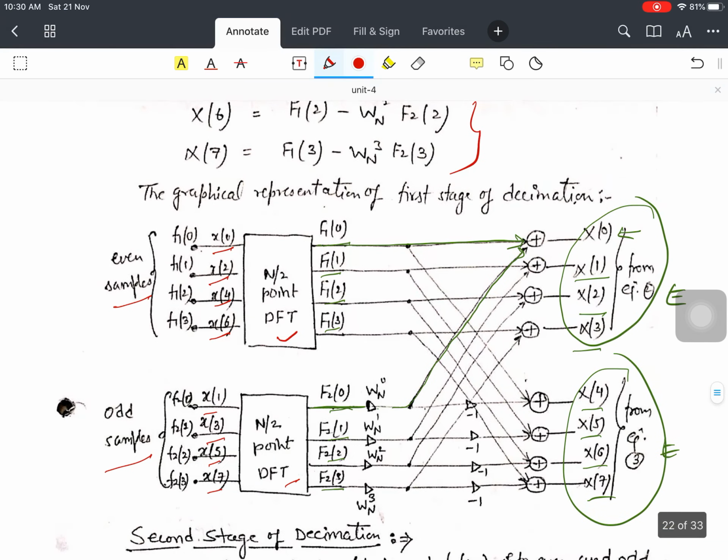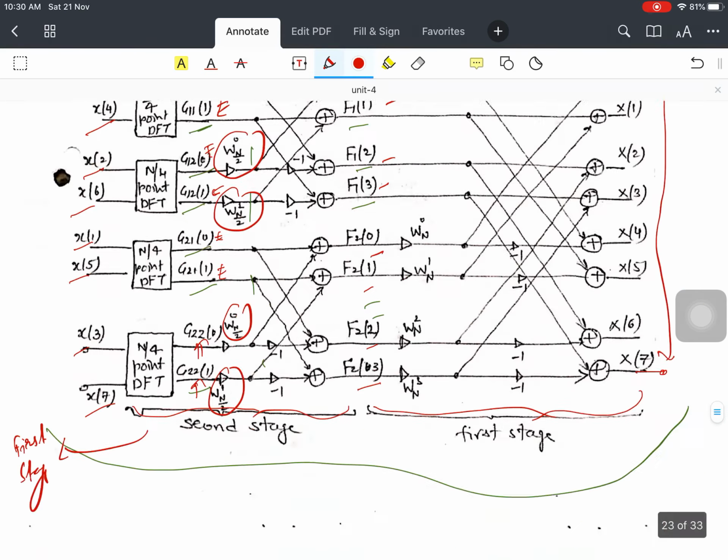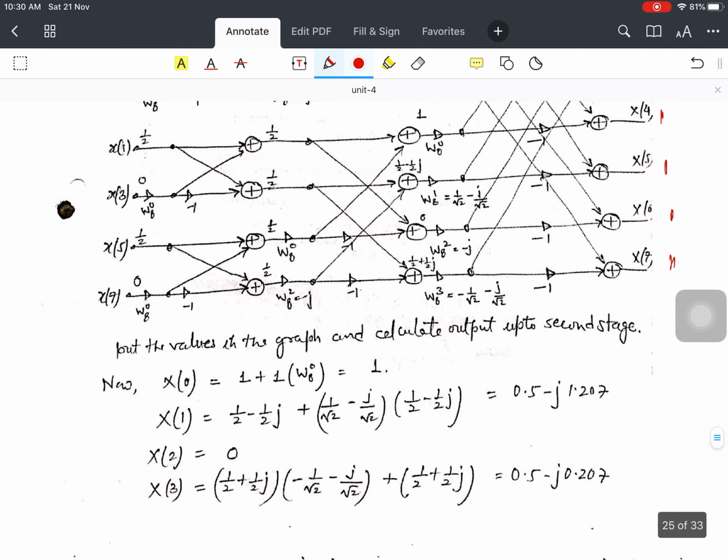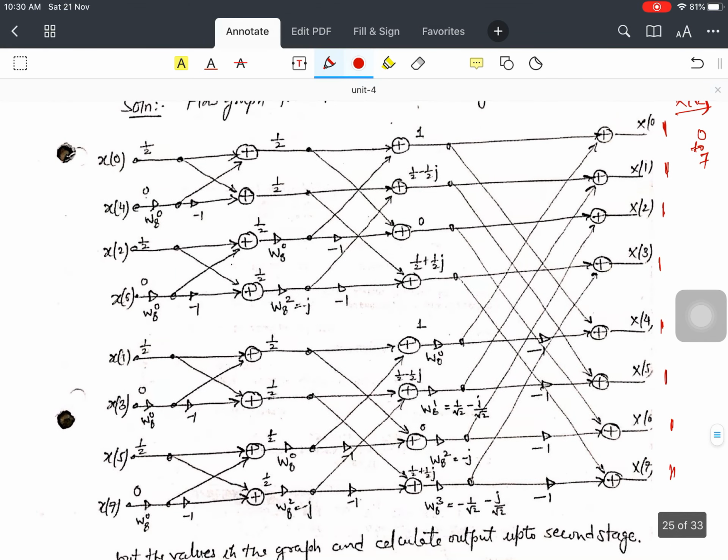You can see that whatever we receive here, F2(0), is multiplied by W_N^0. Similarly in this numerical problem, we use F1 multiplying this W_8^0. In this way we can draw these equations; these were the equations for X0. So we can easily draw this first stage portion.